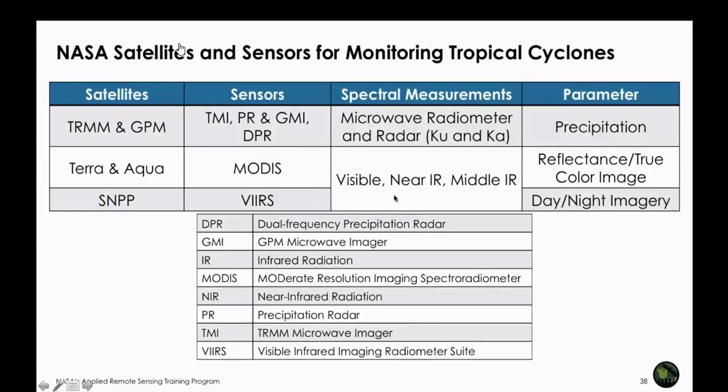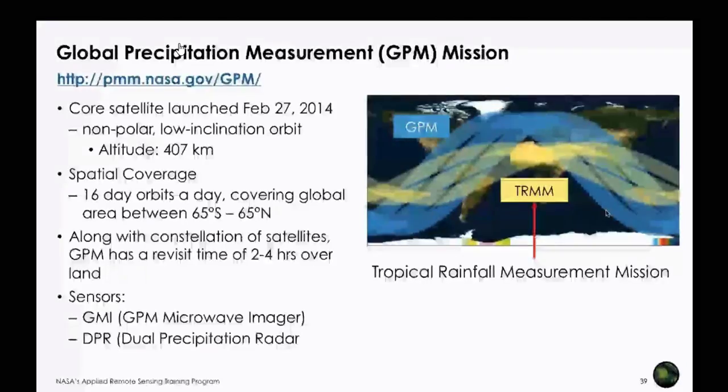Same with SNPP VIIRS, has the same imaging capability with visible and infrared spectrum, and there is an additional channel in VIIRS that is day-night imagery. So at nighttime, low emission data are also received by VIIRS, and they can help in tracking lights on the surface. So when there is power outage, this band can help in monitoring impact of storm or disasters on power outages.